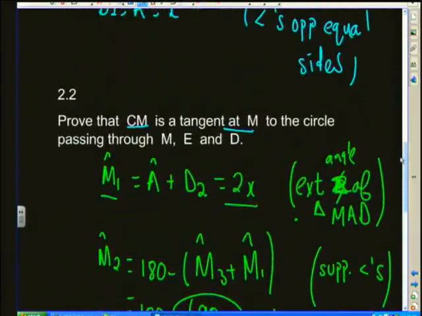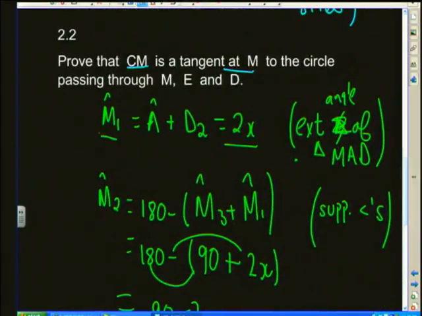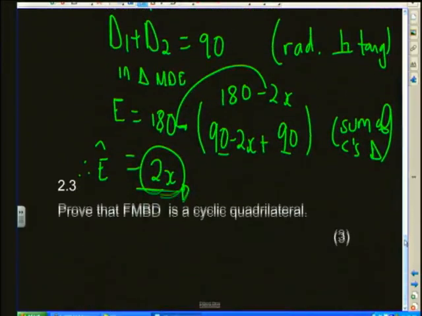Initially, I started out trying to show that angle M1 was equal to angle E, and I've got there. Angle M1, we've already shown previously, was equal to 2x as well. So therefore, angle E is equal to 2x is equal to angle M1. Therefore, we can now state what they asked us to prove.